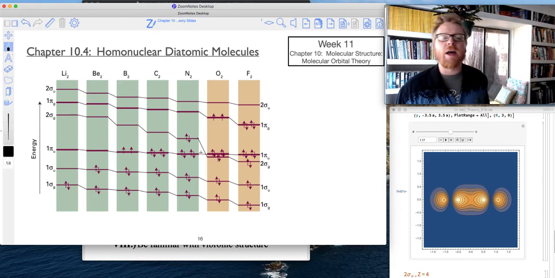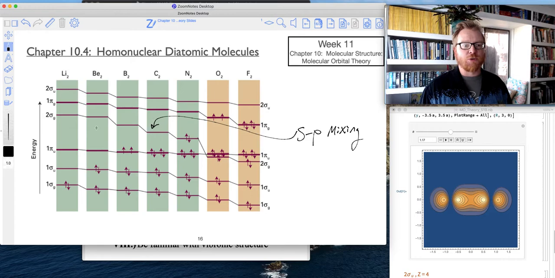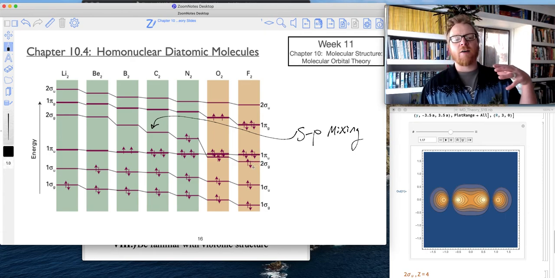And so this is what I mean with S and P mixing, which is driving this 2 sigma to get lower and lower in energy as more electrons are populated in it, okay? And it's because of the symmetry about the z-axis.